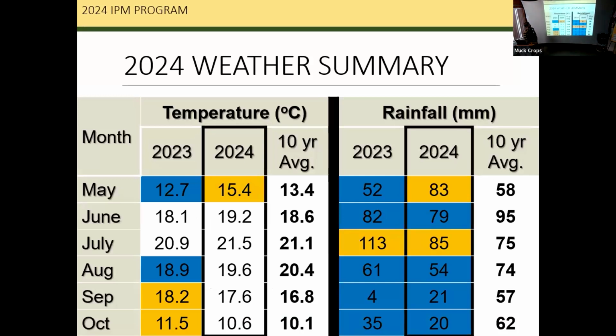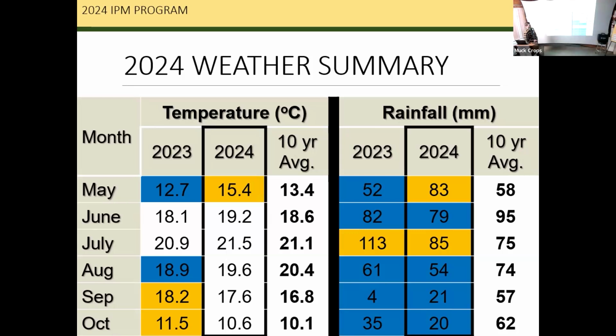All right, now let's get into the weather that we experienced last year. So in terms of temperature, our May was pretty warm compared to our 10-year average. And then the rest of the year was pretty comparable to our past 10 years. But when we look at our rainfall, this is when things got a little bit interesting. We had a little bit higher rainfall in May compared to normal.